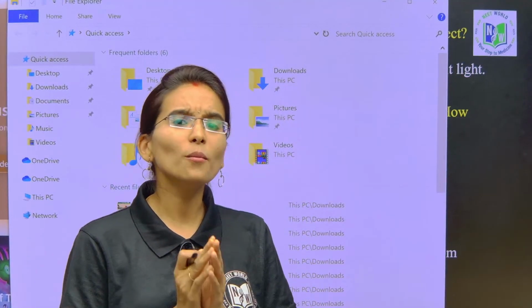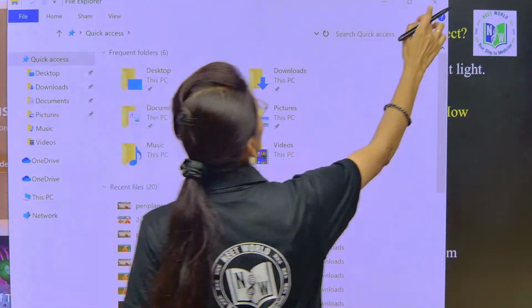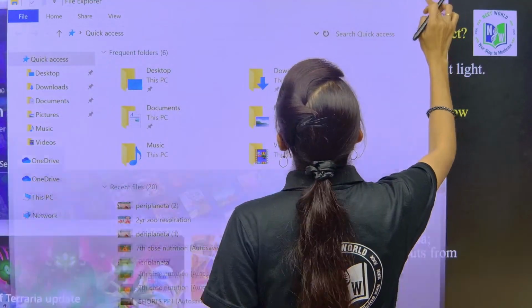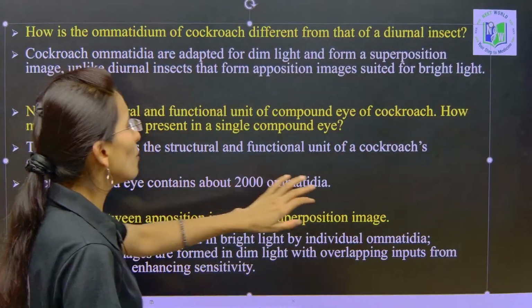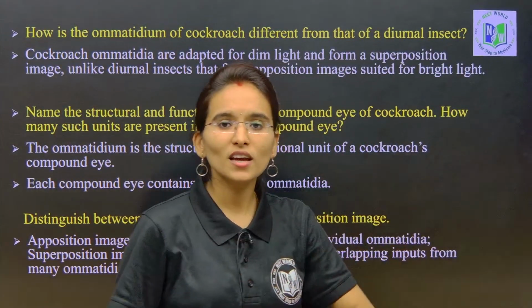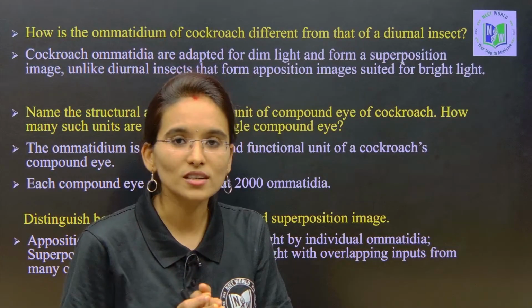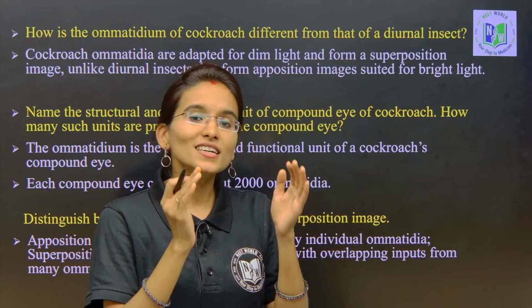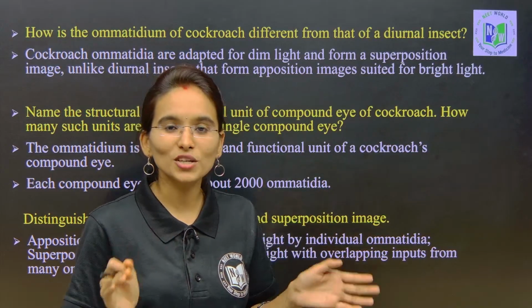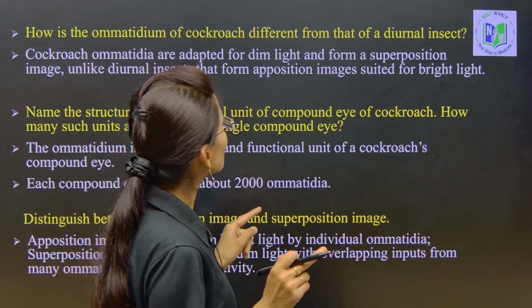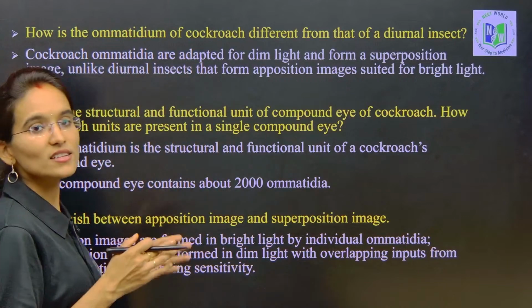How many ommatidium structures do we have? Each compound eye of Periplaneta americana has 2000 hexagonal units, which are called ommatidia.